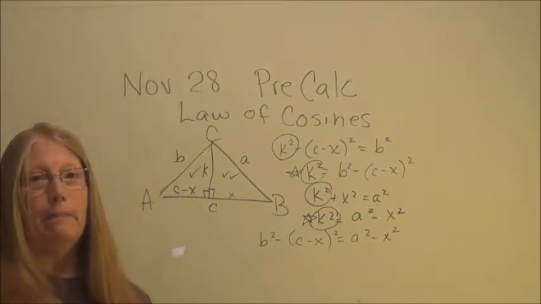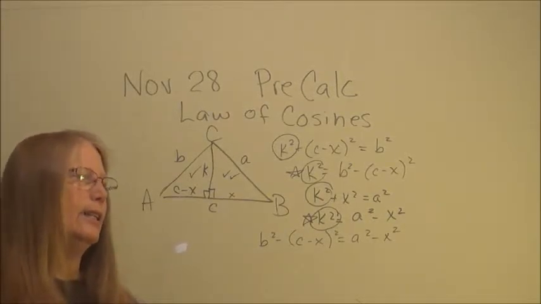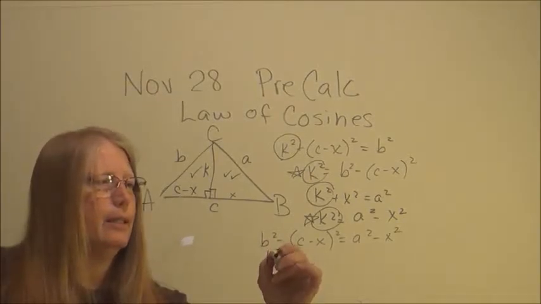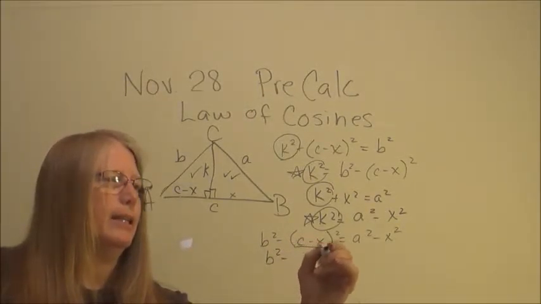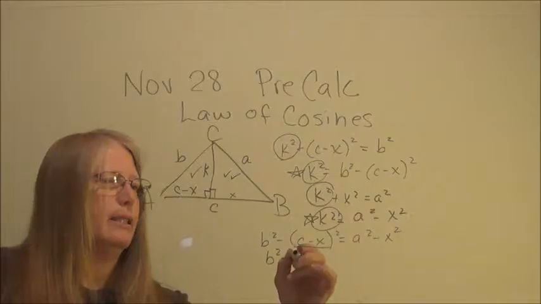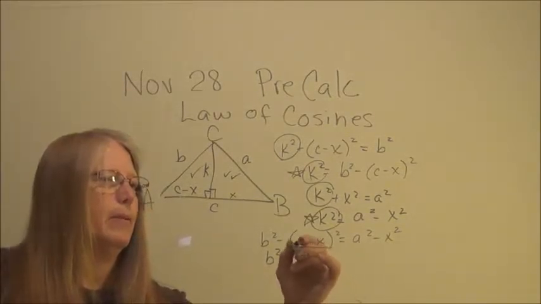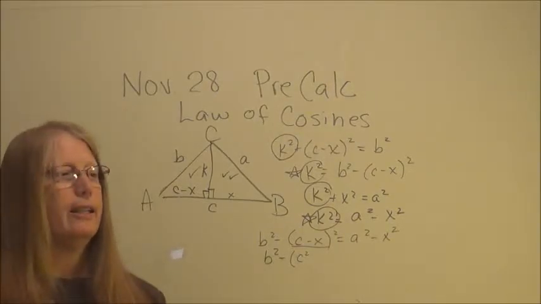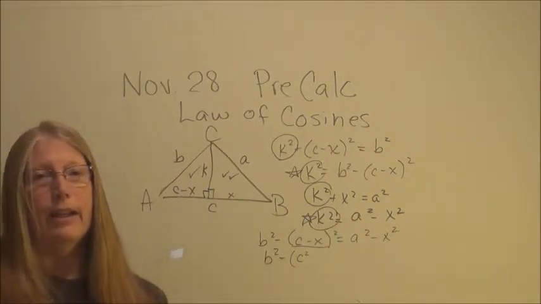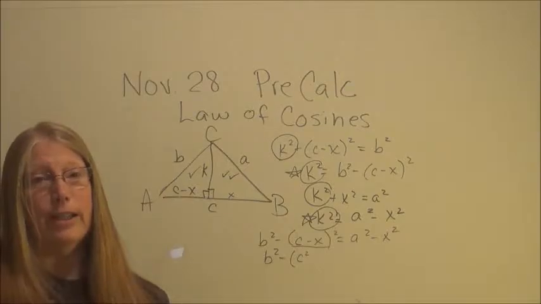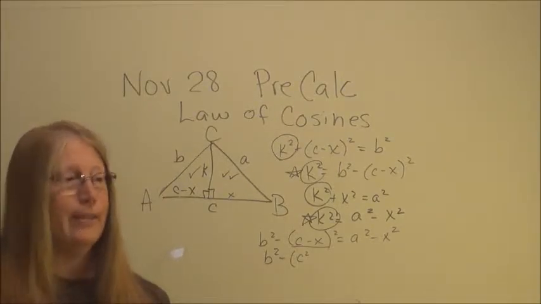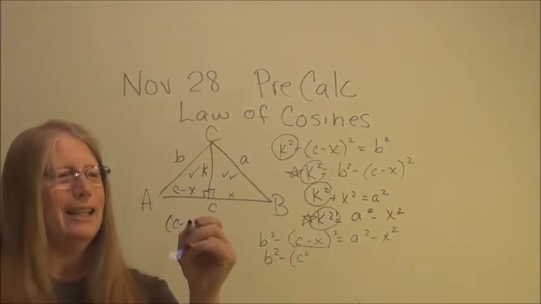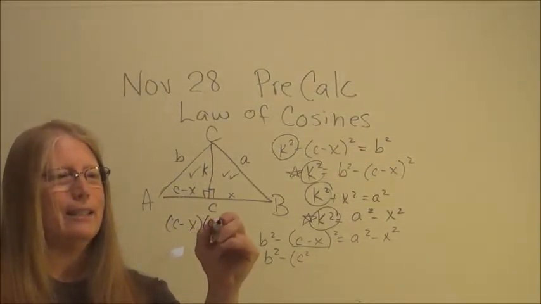Alright, let's simplify that and see what we can get. B squared minus, when I expand this, I get c squared. Remember, c minus x quantity squared is not c squared minus x squared. No, it's not. So recall, it means c minus x times c minus x.